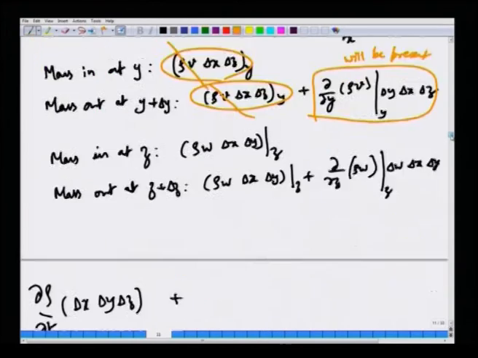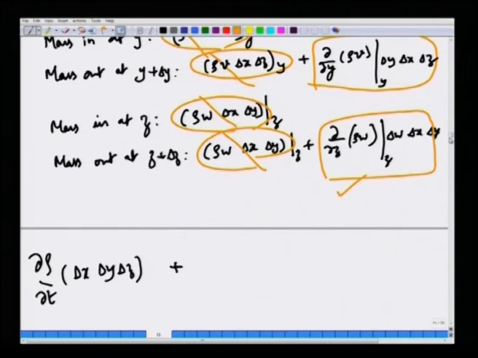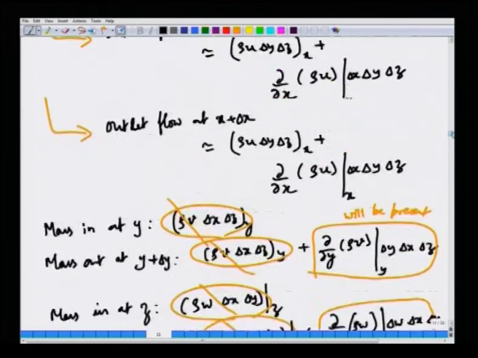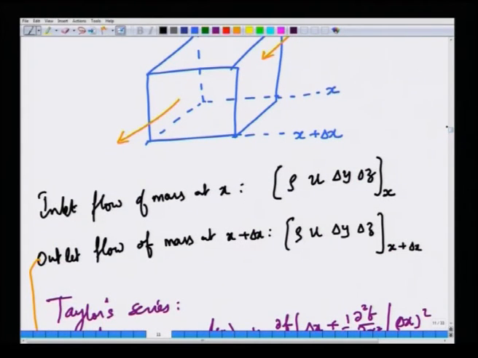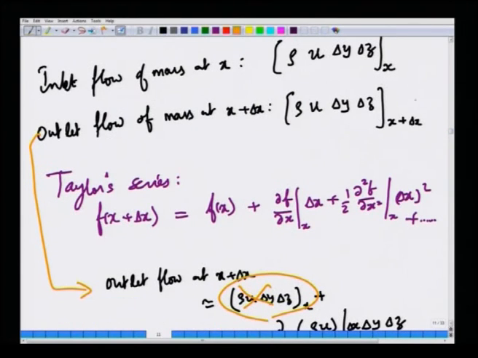So, likewise for the other two directions also. This term will cancel out, and this will survive. If we write all these terms together, likewise in the other case, this term will cancel, this will go away, because that will cancel this term, and this term will survive.